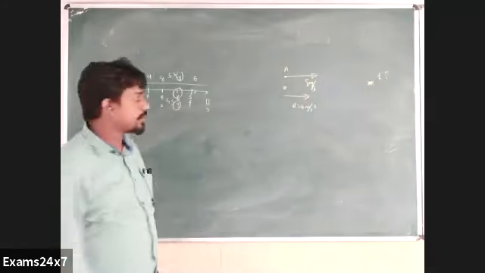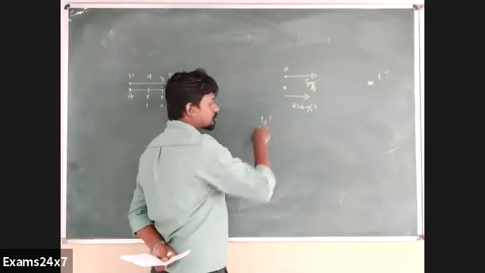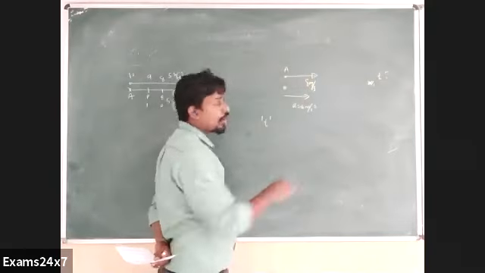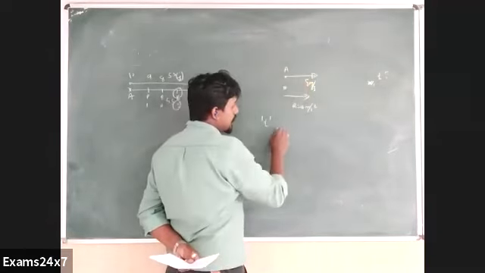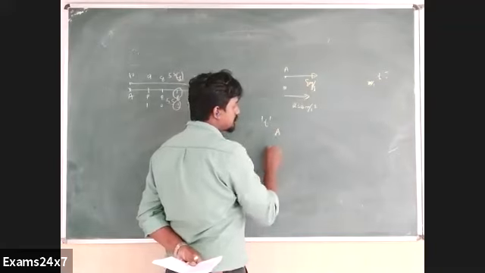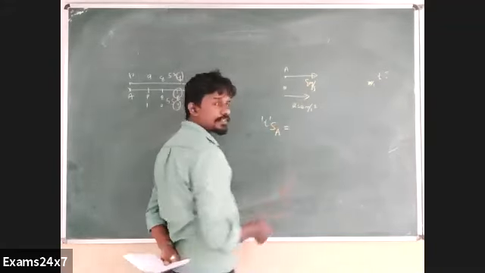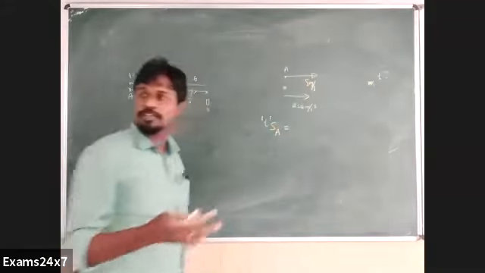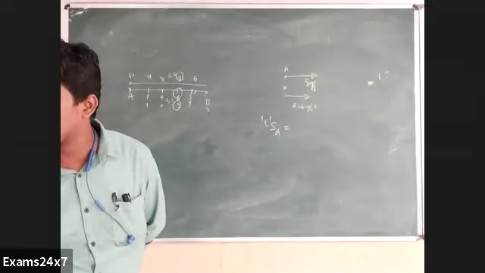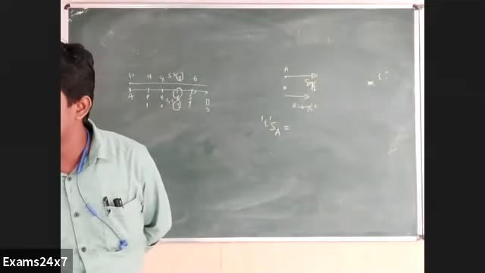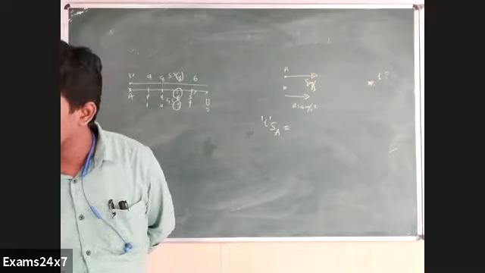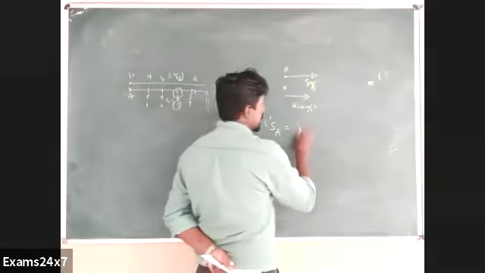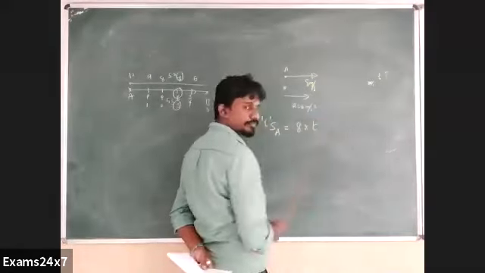Let the time be t. What will be the distance traveled by the first body? A travels with constant velocity, so its acceleration is 0. The distance is V into t. Its velocity is 8, so 8 into t. Correct.